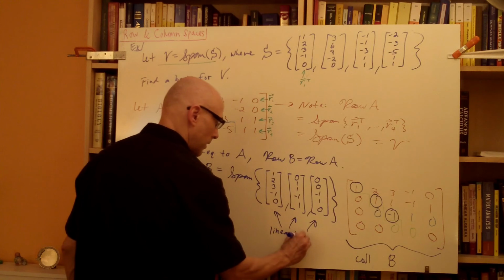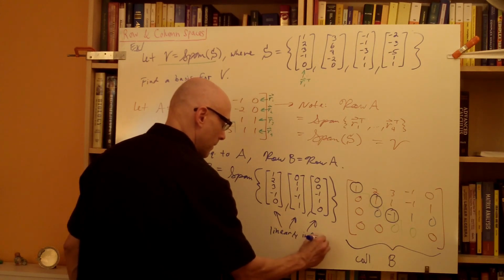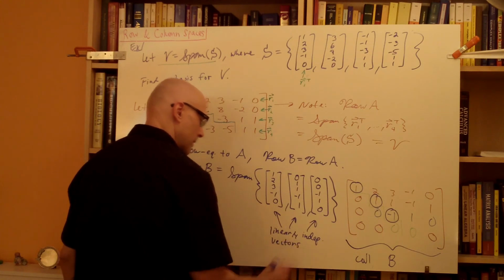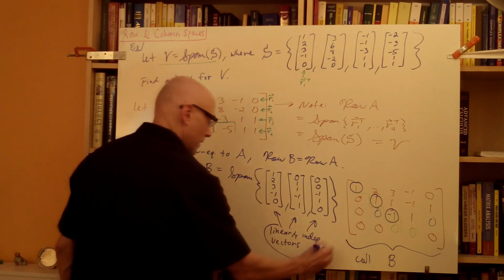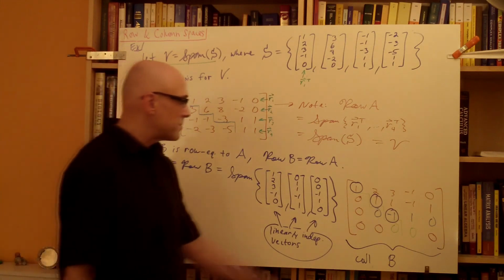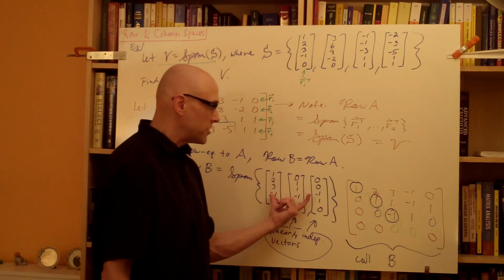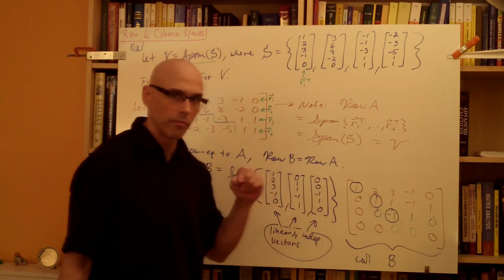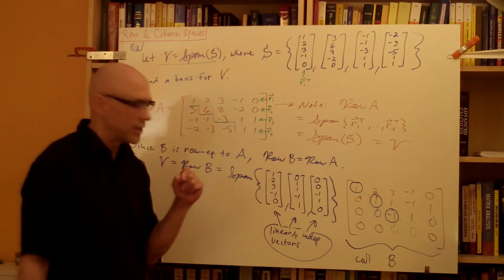So these are linearly independent vectors. And again, that's because they correspond to the non-zero row vectors of a matrix in row echelon form.